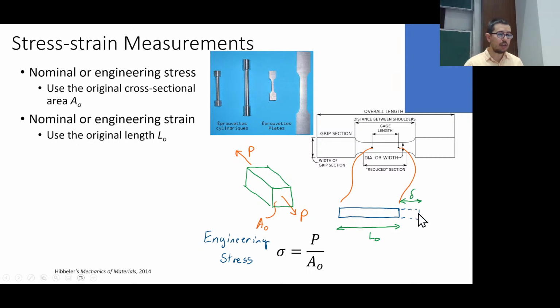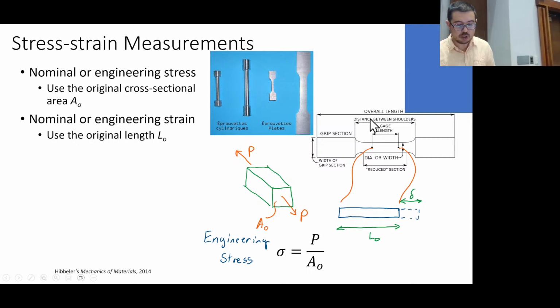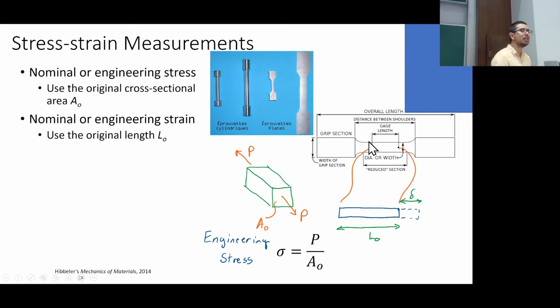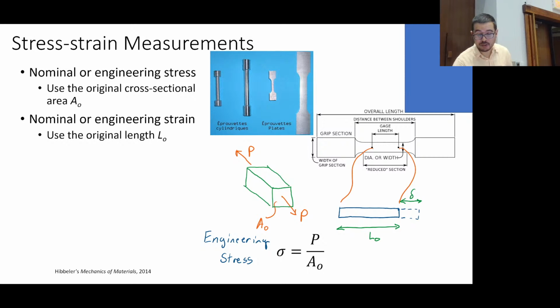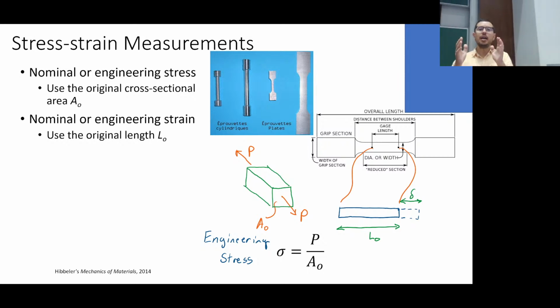That is the delta that you're experiencing. And this length is measured. You'll see this word gauge, and sometimes I use gauge, and sometimes I spell it differently, instead of G-A-G-E, I spell it G-A-U-G-E. But this is the nominal length that's of interest to us, and we might mark it.